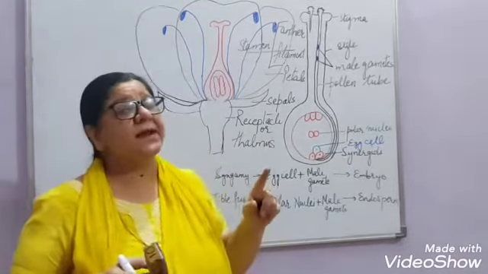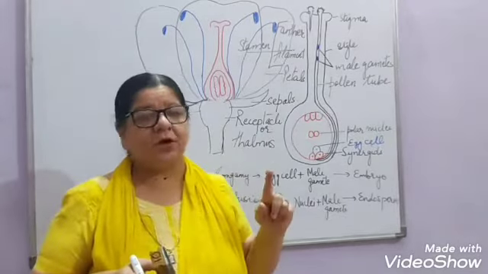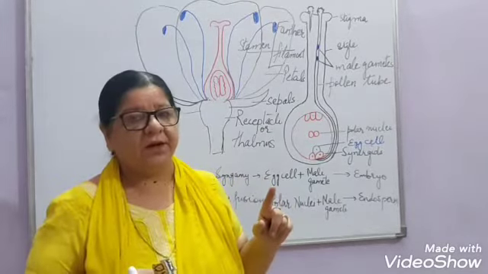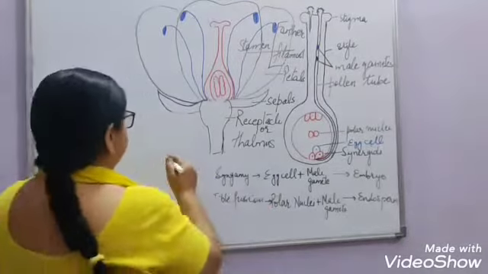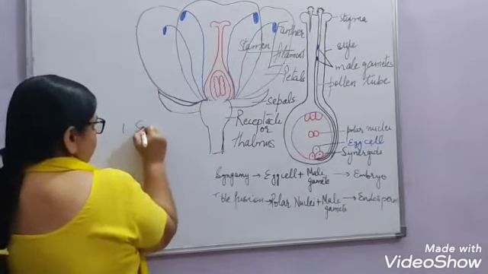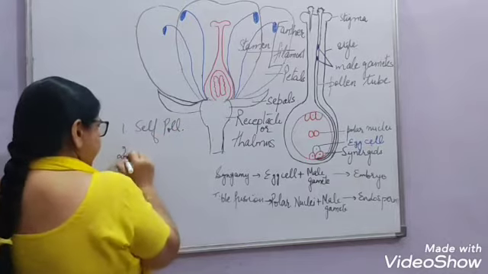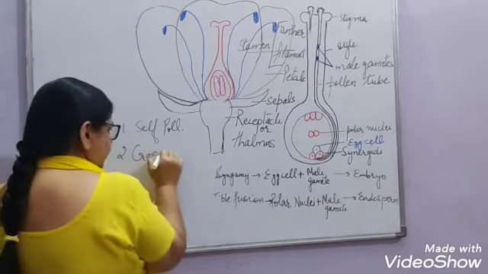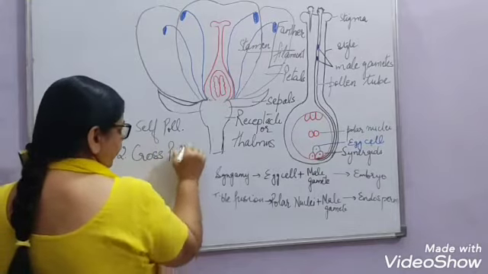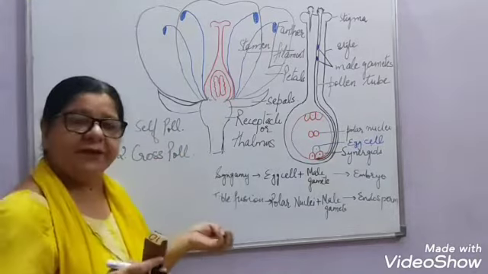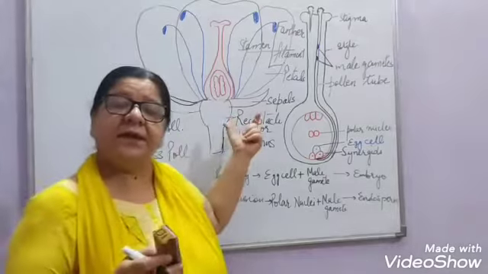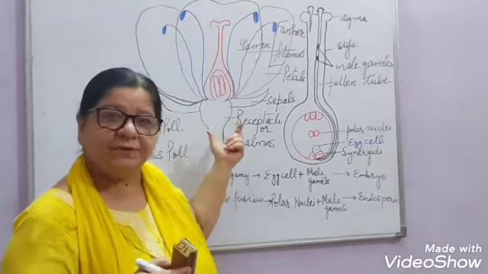Right? And there are two types of pollination. Number one, self-pollination, and second is cross-pollination.